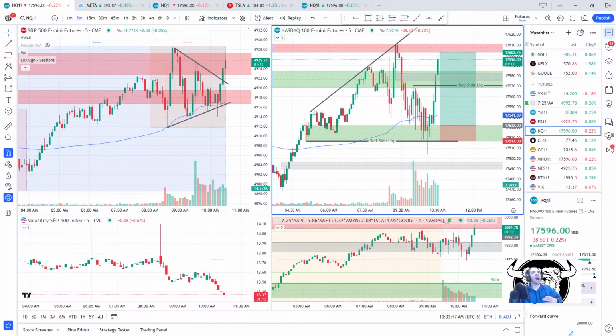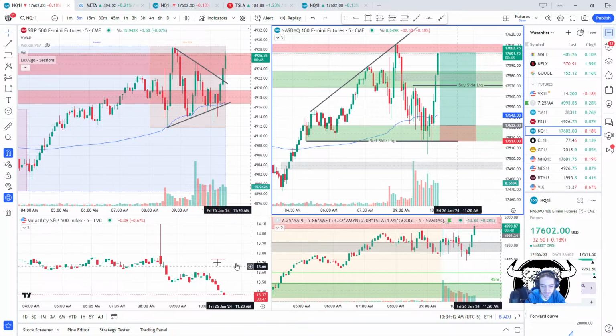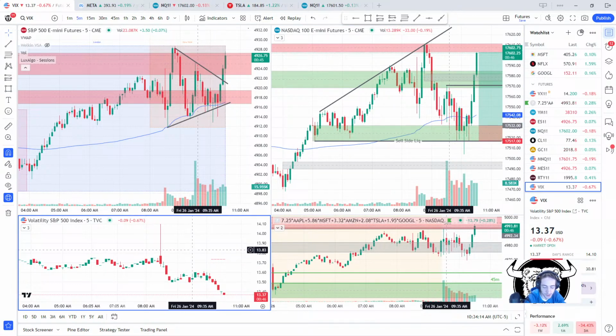Yeah, it's cool. Again, it's really cool because when it comes to analysis and finding zones, finding levels, finding things that work, you could find things based off of backtesting.